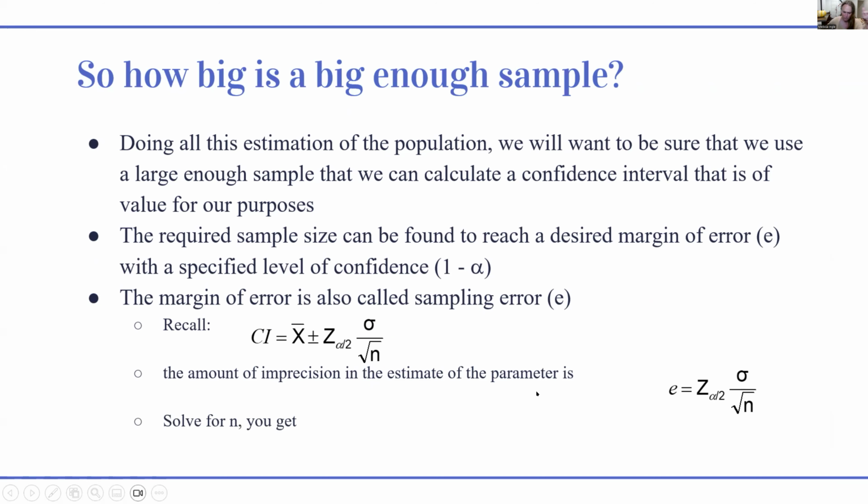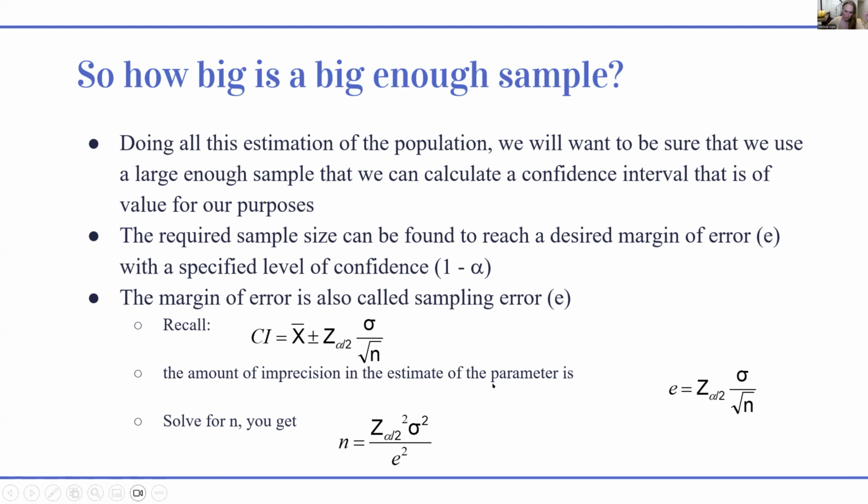So if you solve this for n, multiply both sides by square root of n, divide both sides by e, square both sides, you're going to get this. n equals z squared, standard deviation squared, divided by e squared. Okay?